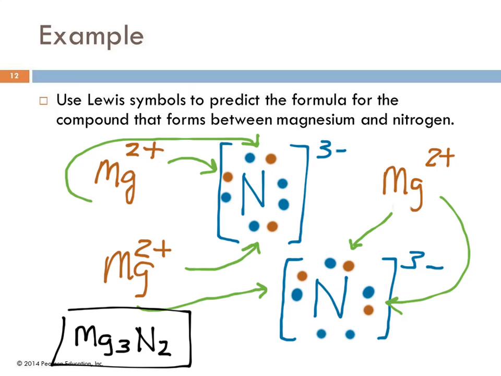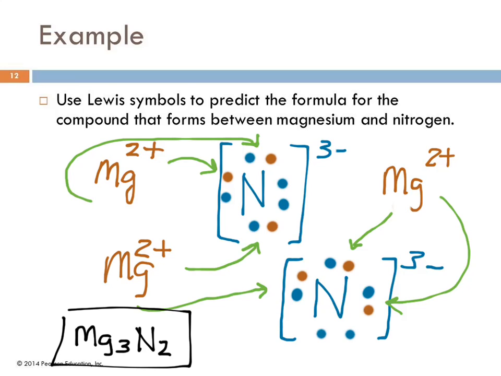And nitrogen we learned to predict from the periodic table, it's -3, and then we learned to do the crisscross thing and predict the formula. But it forms a -3 ion because it has 5 valence electrons, and by gaining 3 electrons, it gets an octet. You see that? And no, you do not have to do this every time you make the formula for an ionic compound. That would be ridiculous. You should be able to do it if asked, though.